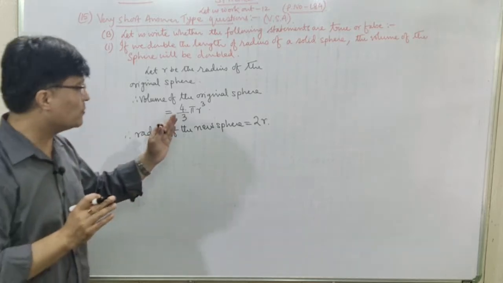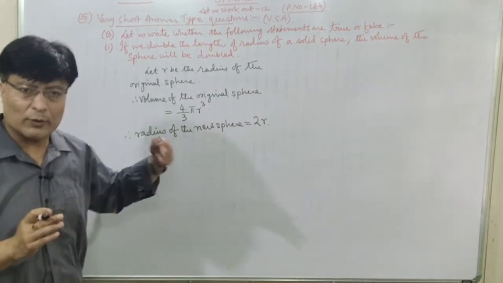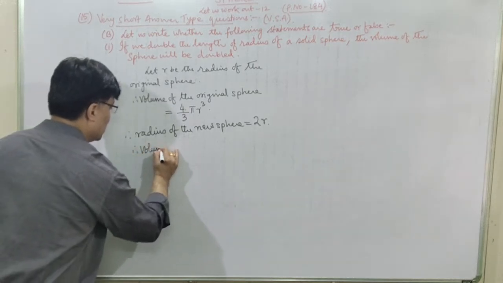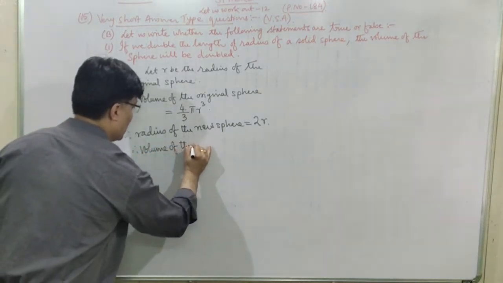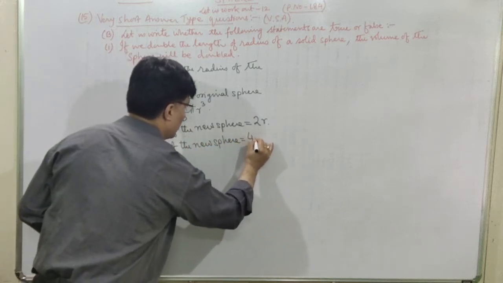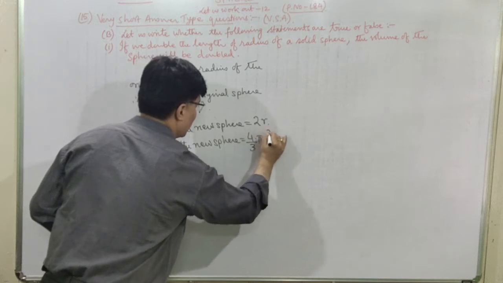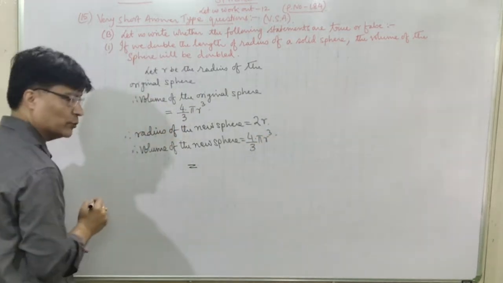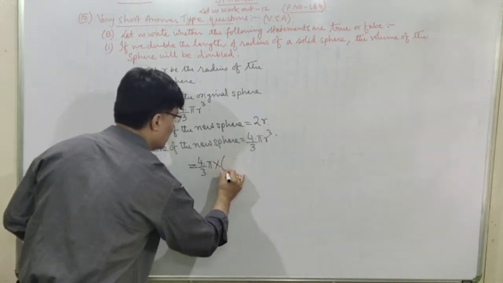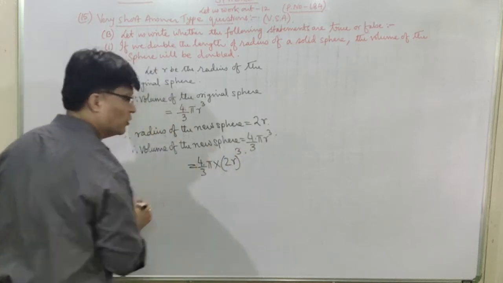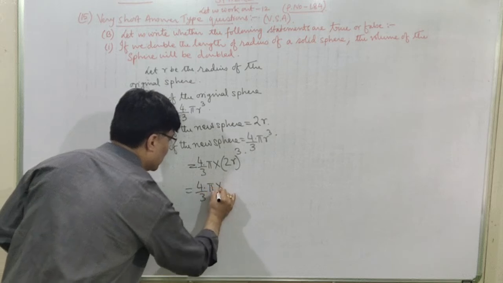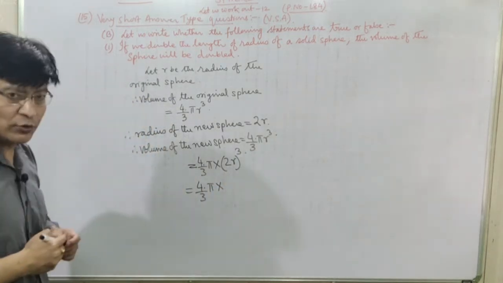If the radius of the new sphere is twice r, then what will be the volume of the sphere now? Therefore, volume of the new sphere is equal to, what is the formula first? It is 4/3 pi r cube, which is equal to 4/3 pi into 2r whole cube.